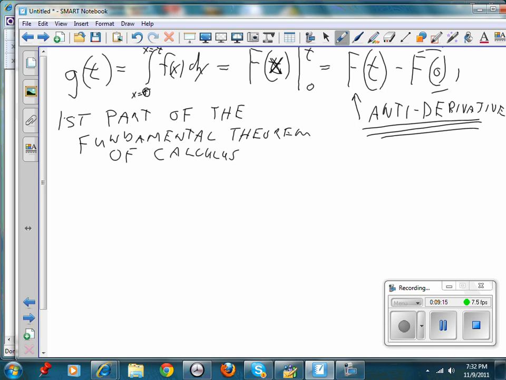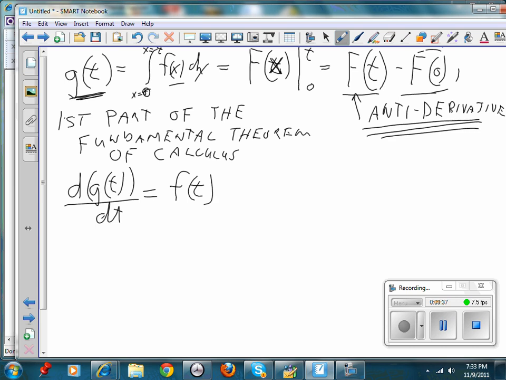Well, this is a function, right? This is a function of t. Well, if it's a function, I have to be able to take a derivative. And what is it? If I took the derivative of g of t with respect to t, it's going to be f at t.